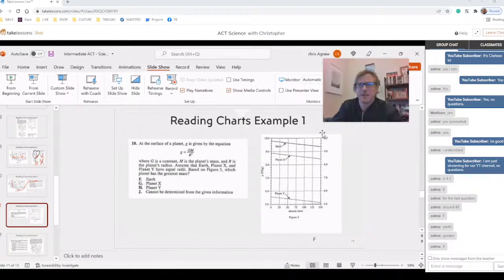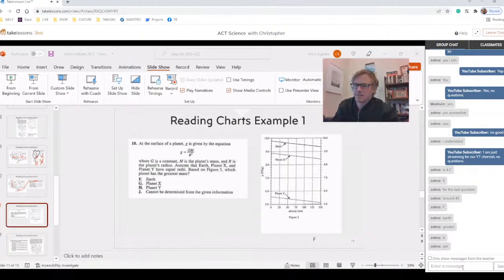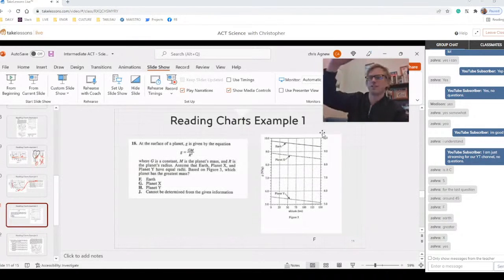Zara says X. What about Earth? Isn't Earth above planet X? So if Earth is above it, look at the y-axis. As the y-axis goes up, the numbers on the y-axis go up. And the numbers on the y-axis are labeled g. So as those numbers go up, g goes up.